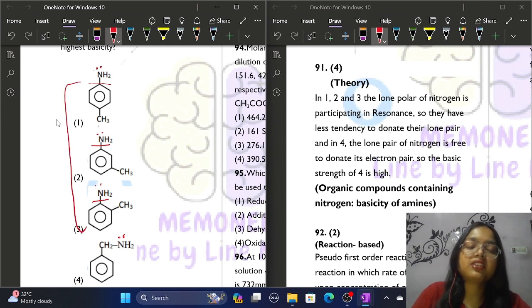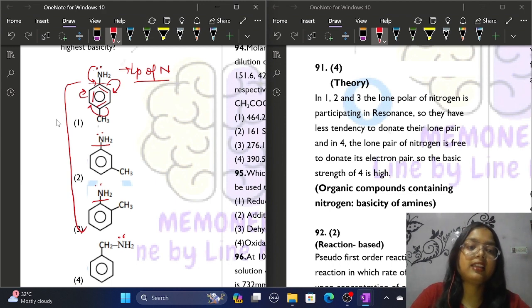So the nitrogen atom which is attached to the benzene ring like this, right? So it will undergo conjugation with the benzene ring. So the lone pair present in the nitrogen atom is not available for donation. So these three will have less basicity.